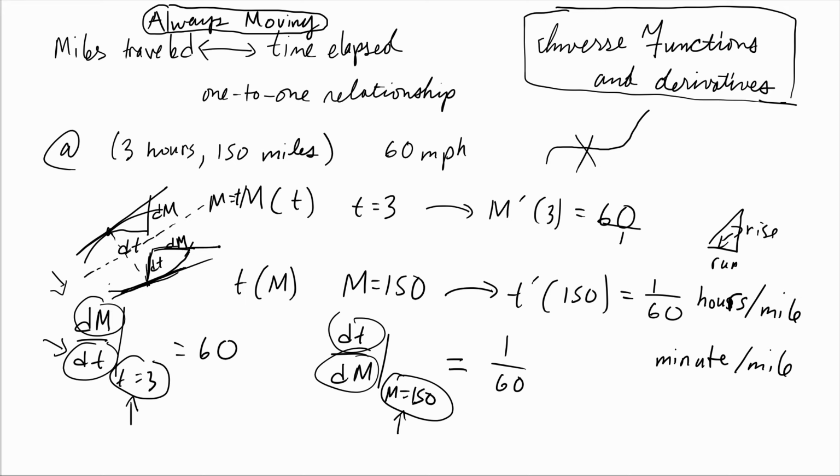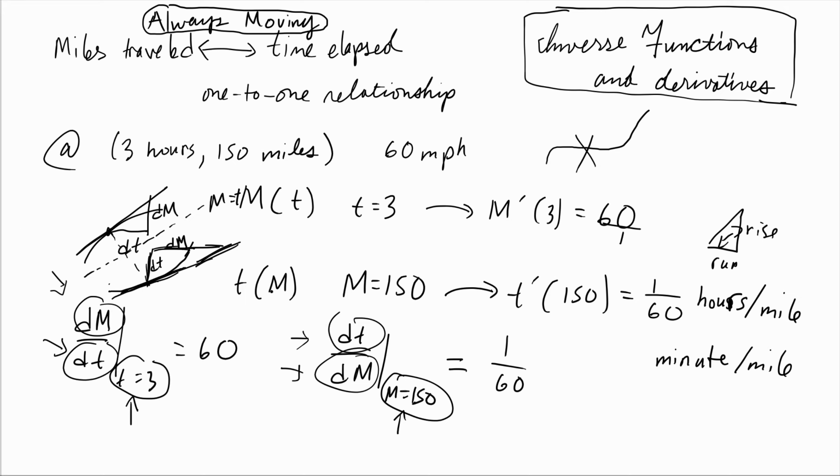But the idea is that it reflects across, and dt over dm really does give you, in that reflection from the tangent lines, a reciprocal. And so we have 1 over 60, and you can see that intuitively in thinking of these as a rise and run on tangent lines themselves, not on the curve, but on the tangent line. That would be an appropriate way of thinking about those symbols.